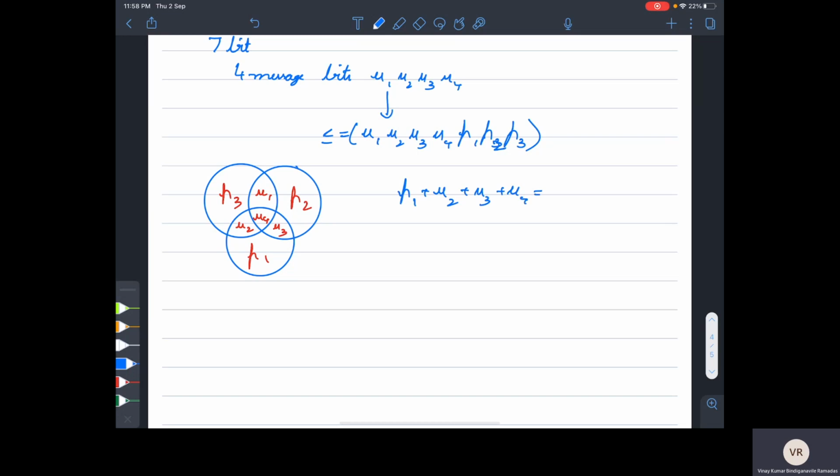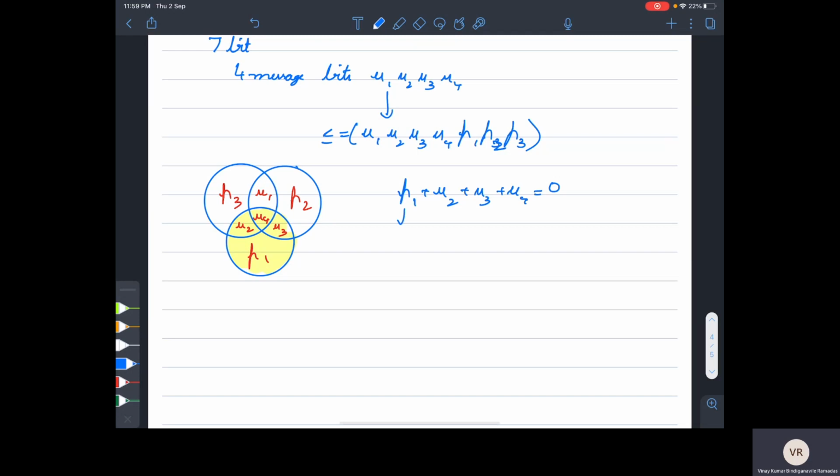So what this diagram is saying is, for the first parity check condition, how is P1 obtained? P1 is obtained by taking the parity check of this particular circle. So that is what I have written here.